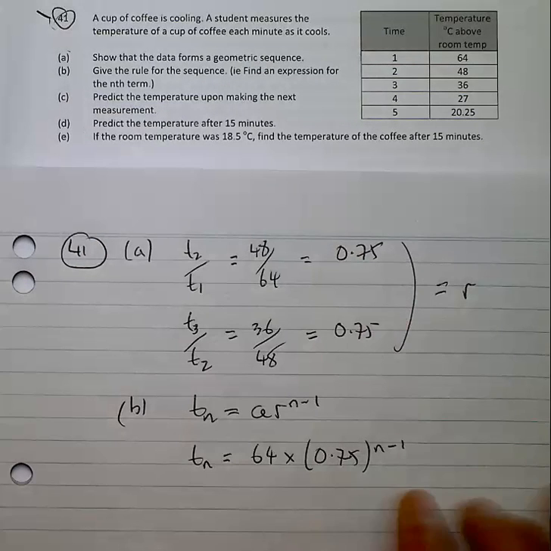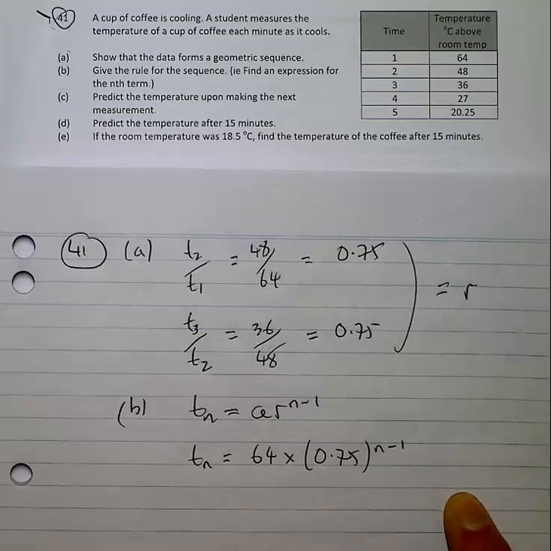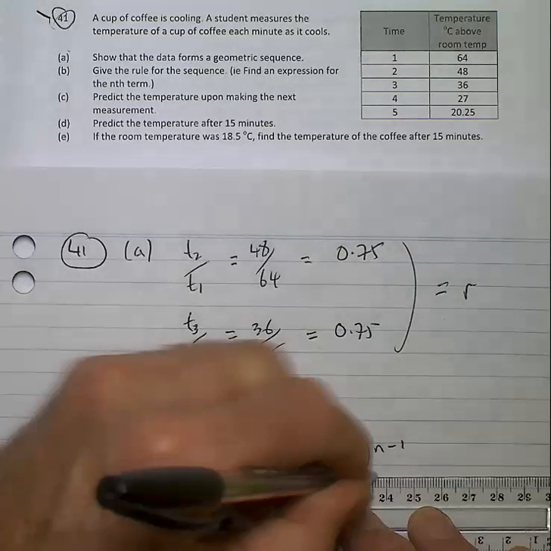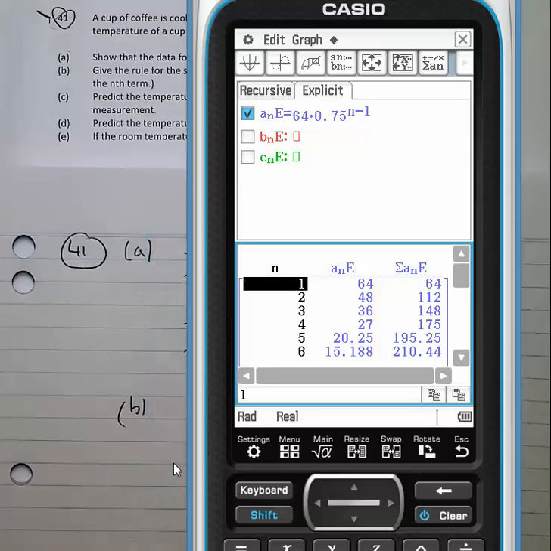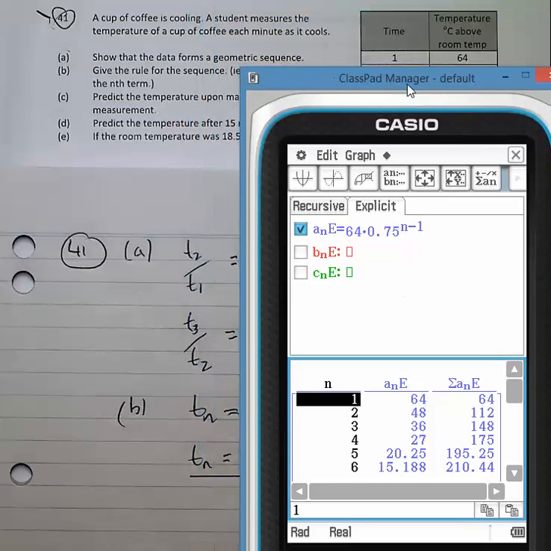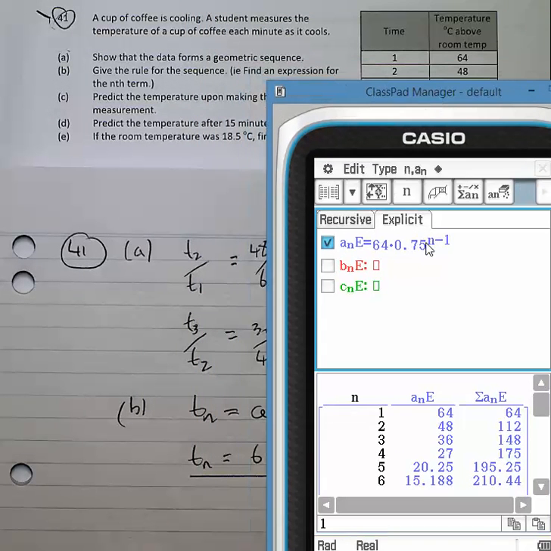Now when you organise that, please make sure that you separate your numbers, and when we enter that as an equation on our calculator, make sure that you're entering it as times 0.75 and then raise it to the n-1 power, like so.